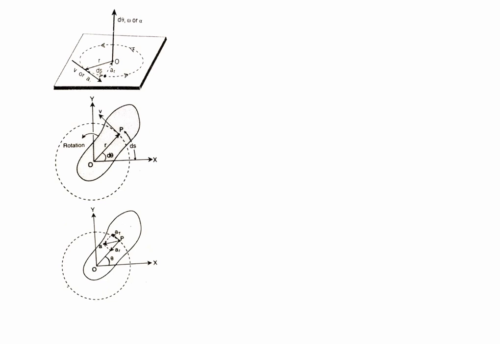For this, let us consider a particle P moving on a circle of radius r, and if in time dt its linear displacement along the arc is ds and its angular displacement about the center is d theta, then by the definition of angle, d theta is equal to arc by radius, which gives ds is equal to r d theta.